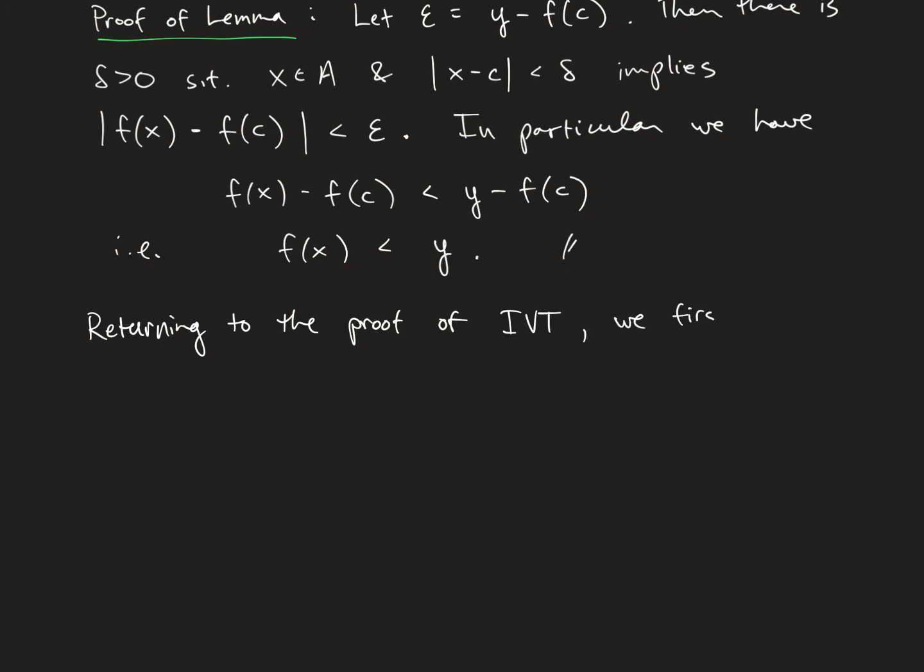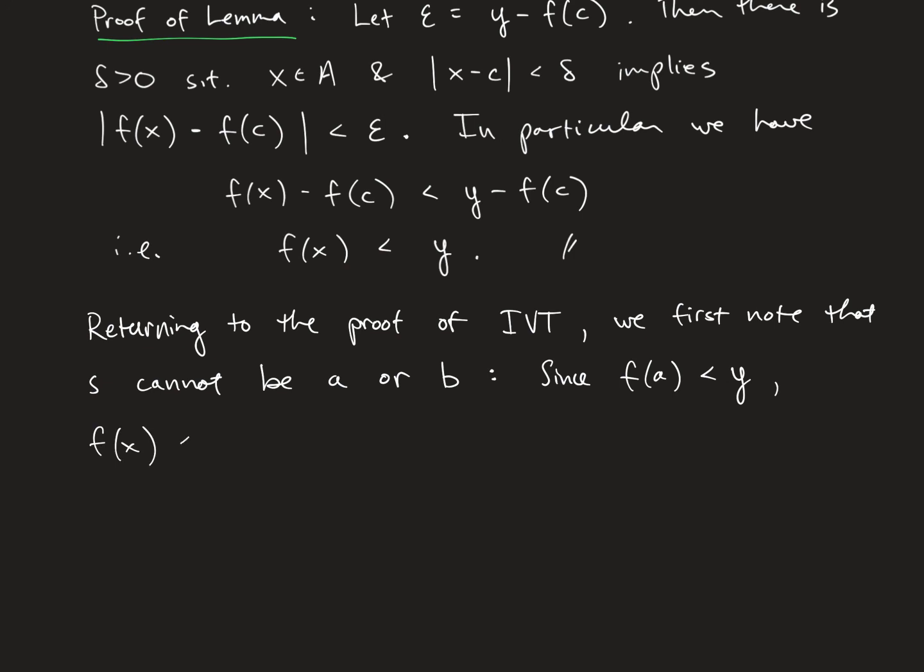we first note that S cannot be A or B. So the reason it can't be A is since f of A is less than y, f of x must be less than y for x in A, A plus delta, right?